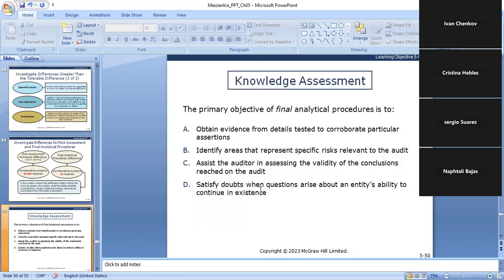Let's see what you think about this. Primary objective of final analytical procedures. Which one do you think is the right one?